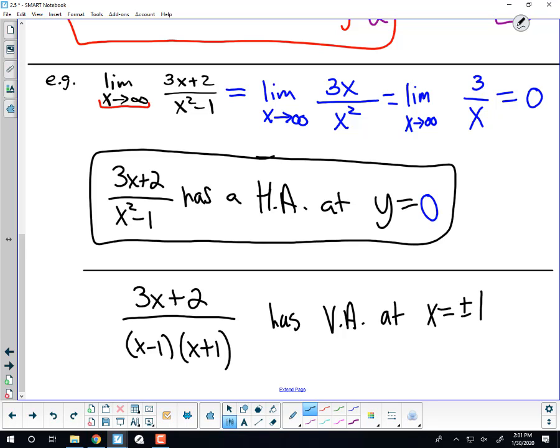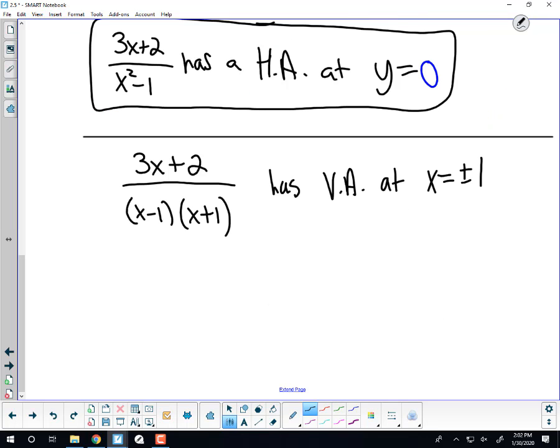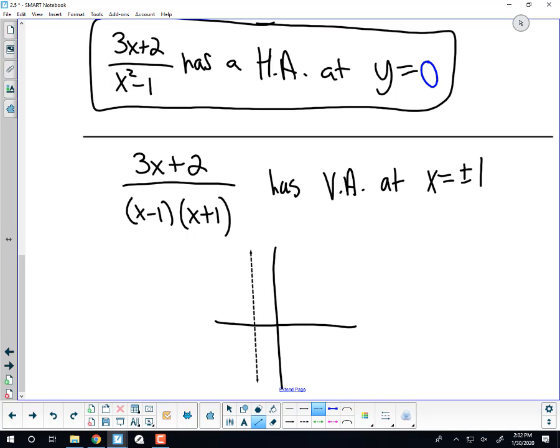So from there, what we're doing with this rational function is building a picture of it. I know it has vertical asymptotes here and here. I also know that as I approach positive infinity, the function approaches 0.